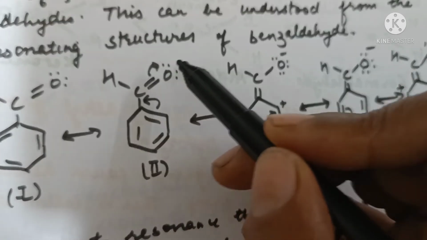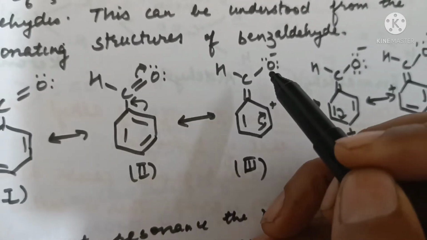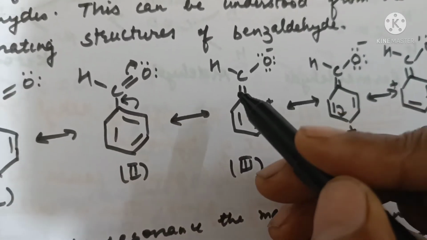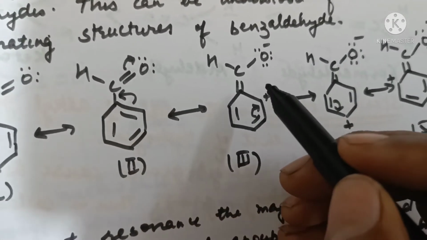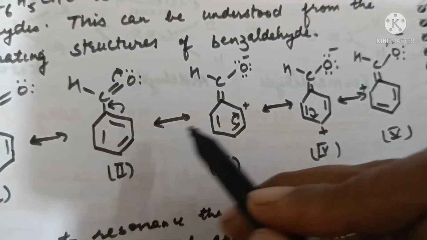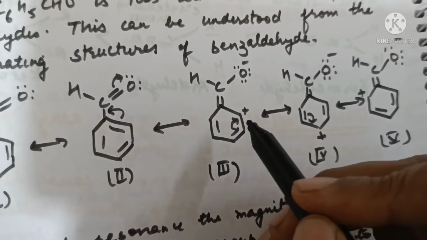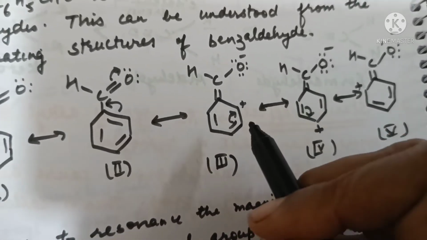As a result, there's a negative charge in the next structure on the oxygen atom. Double bond changes to single bond changes to double bond, and because electrons have moved here, there's a positive charge here. So this is the next structure. There, the 2 double bonds are present here. Because of the positive charge here, we can arrive at the next resonating structure.